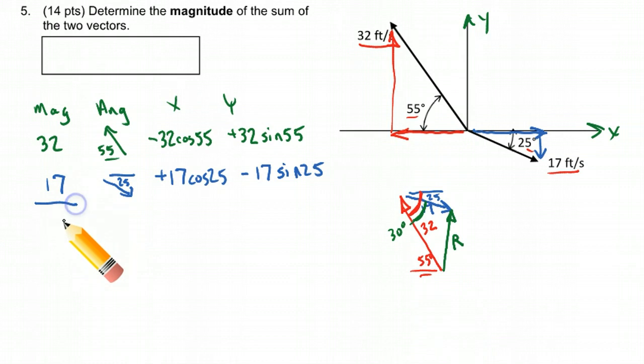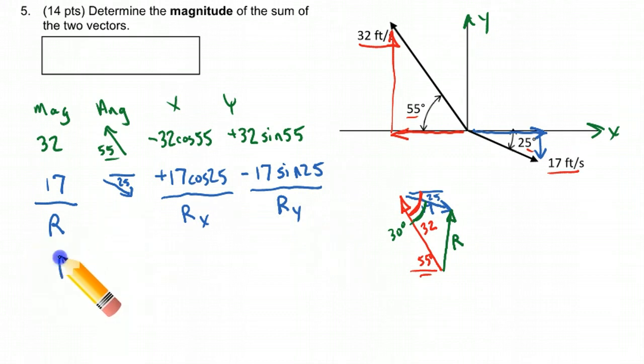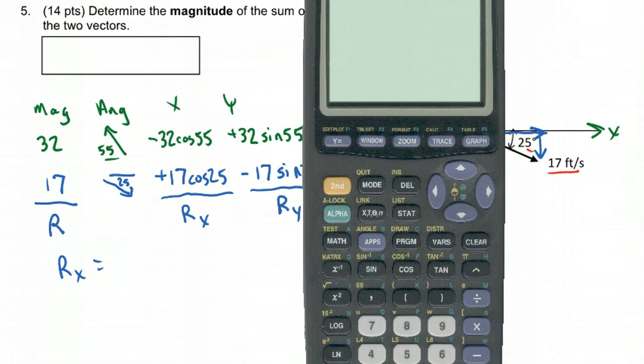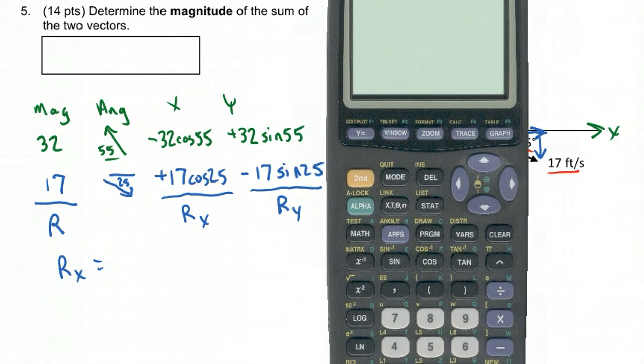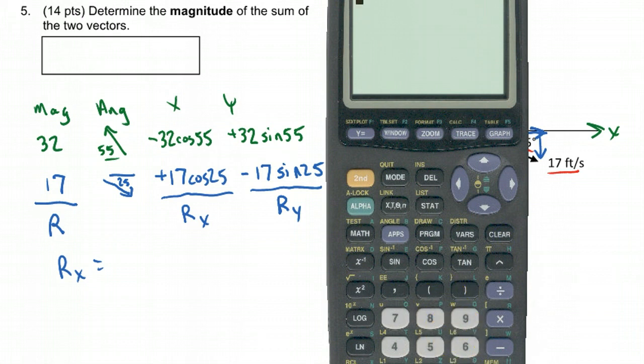So the sum of those two is going to be R. This is going to be R sub x, if we add those two up, and this is going to be R sub y. If I do that in the calculator here, I'm going to have minus 32 cosine 55 plus 17 cosine 25.